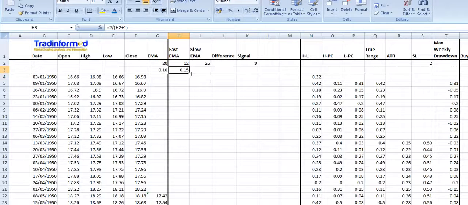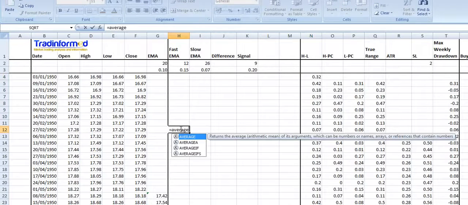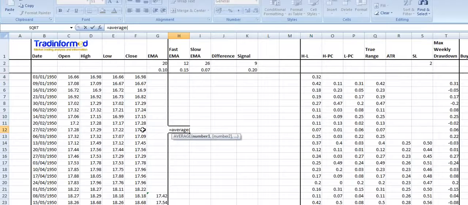And then I can just copy this across to the 3 EMAs. The next thing we need to calculate the EMA is the previous day's average. I'm going to put that in here. We just use the simple average, the mean, to calculate this.